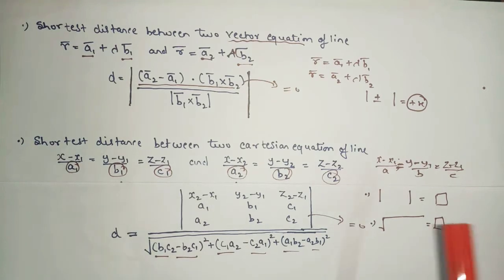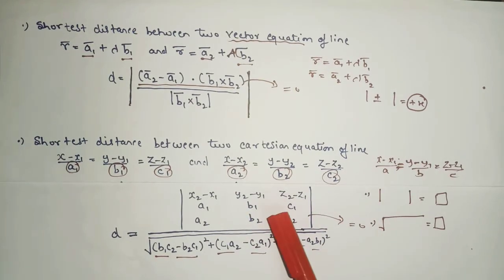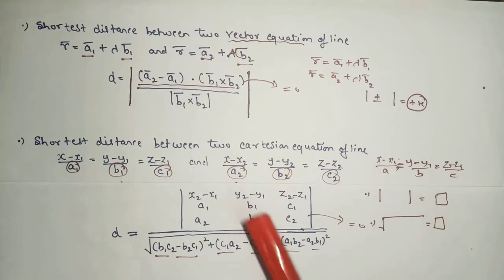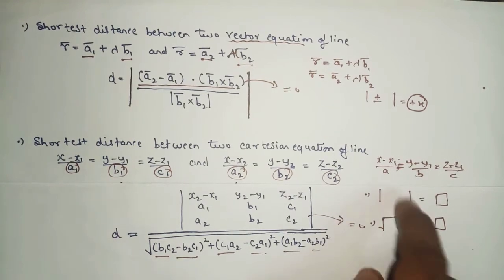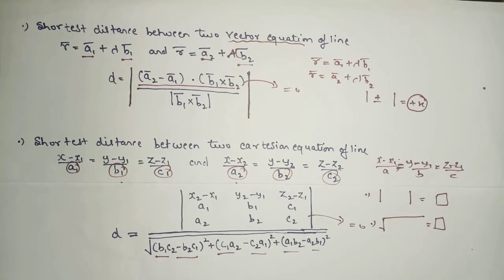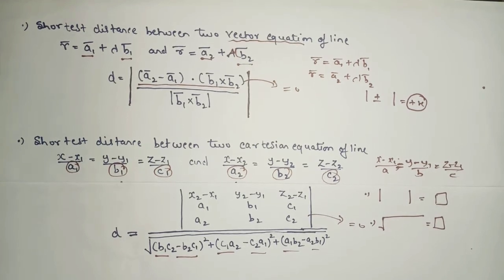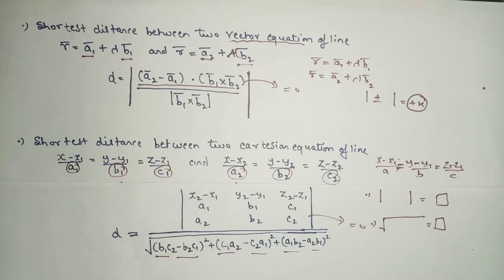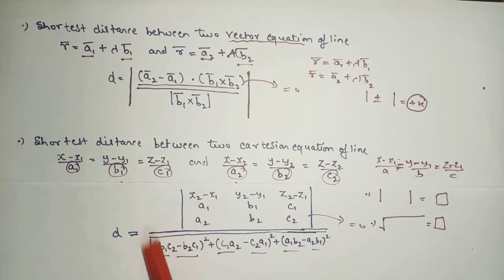So here the first step is to find the determinant part of the numerator, then take the denominator part and find its answer, then write the formula and substitute the values. You will follow these steps while solving sums based on the shortest distance between two Cartesian equations. Remember this formula, as I explained how to find the denominator section.